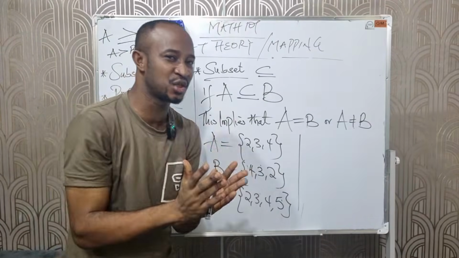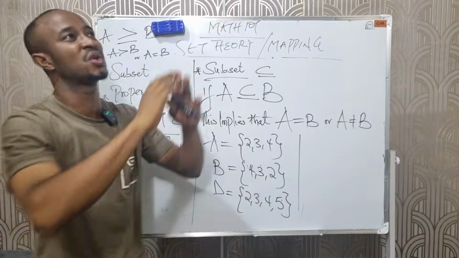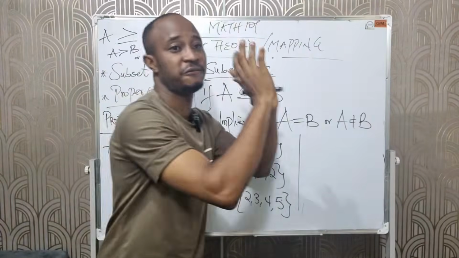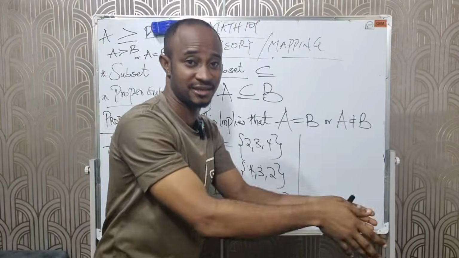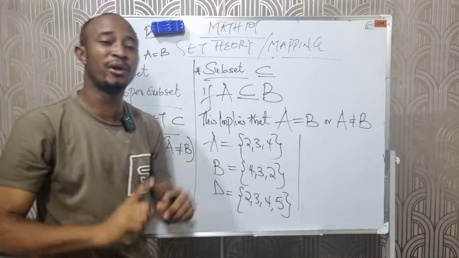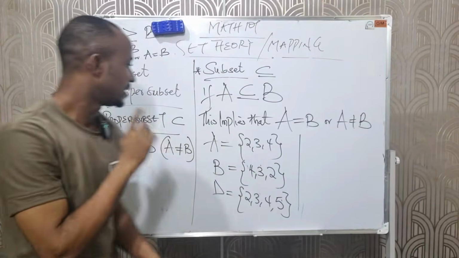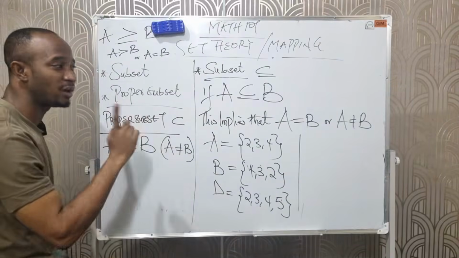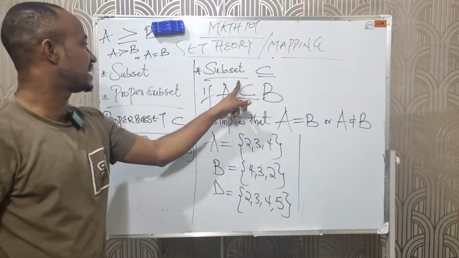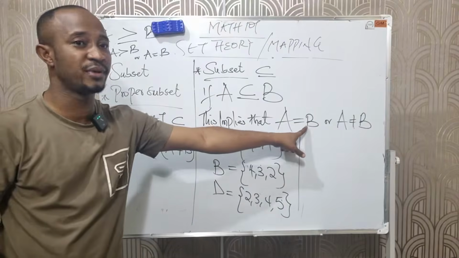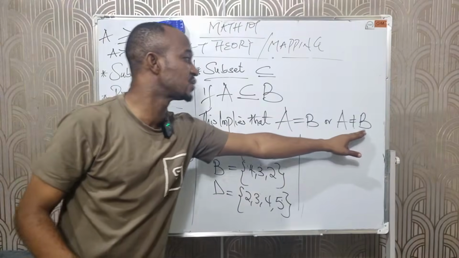The general definition of both is that every element of the given set must be found in the other set. But to distinguish them is from their equality: in subsets, A must be equal to B or A is not equal to B.